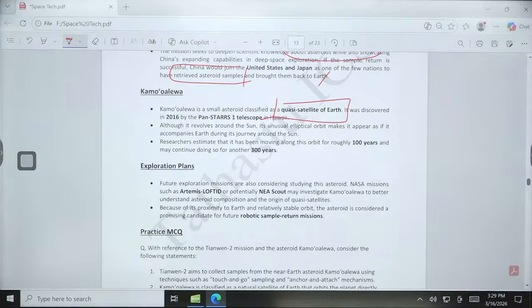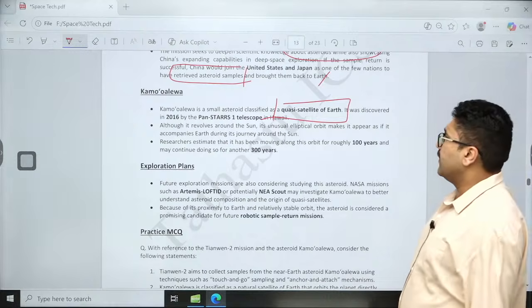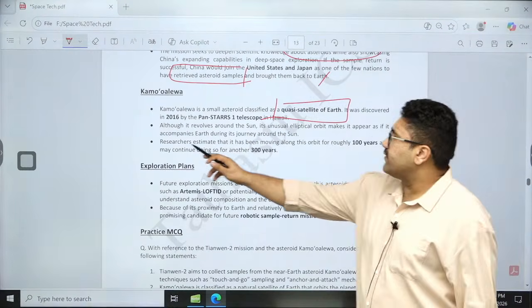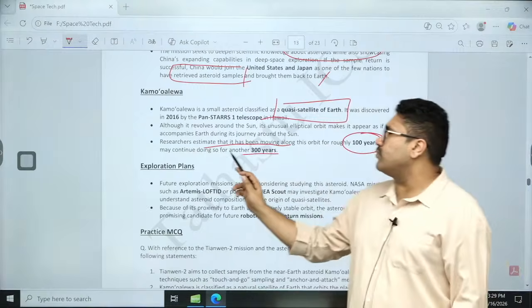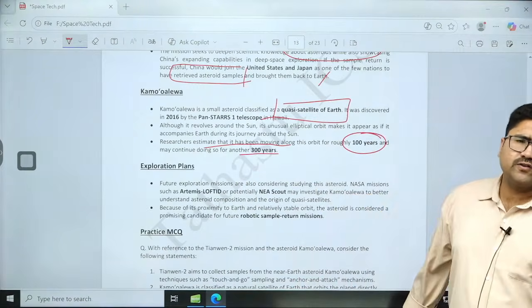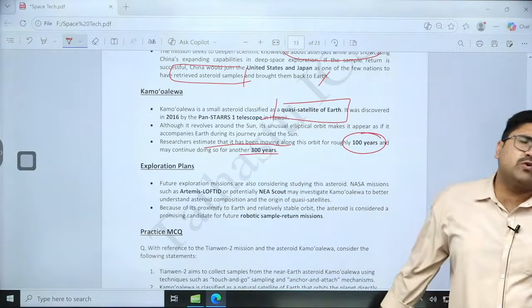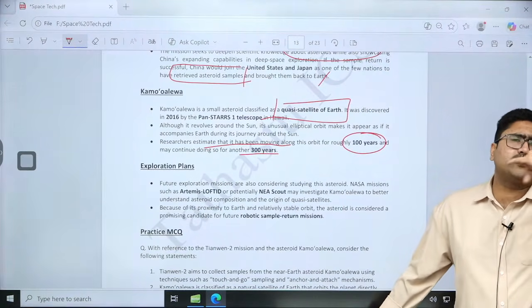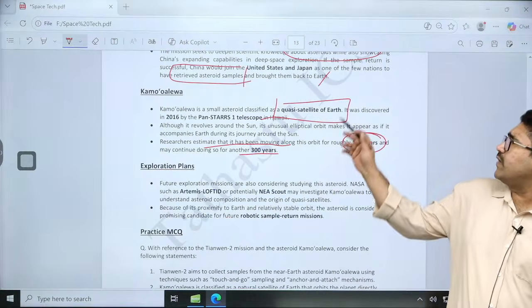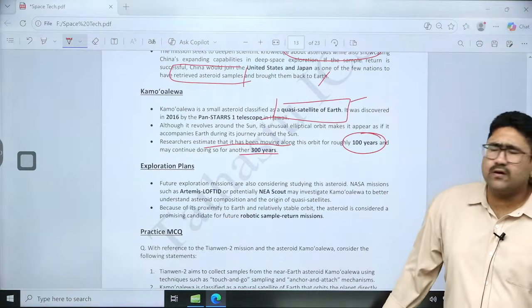Researchers estimate that it has been moving around this orbit for about 100 years and is going to move for another 300 years. So for the next 300 years it is going to revolve around the Sun only, but in revolving around the Sun it is also revolving around the Earth. Therefore, it is considered a quasi-satellite of the Earth.